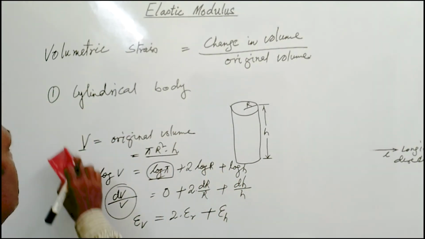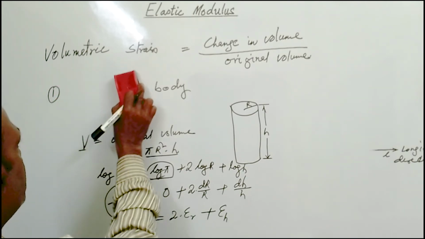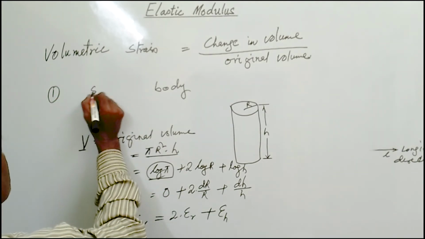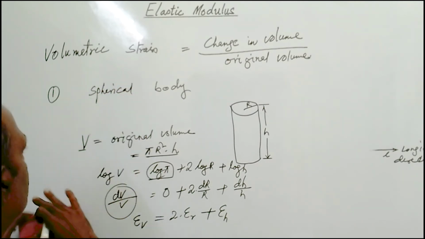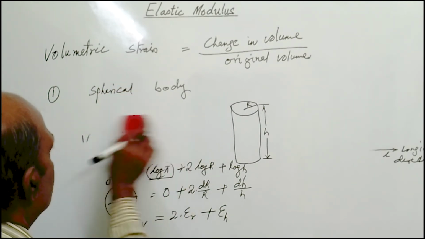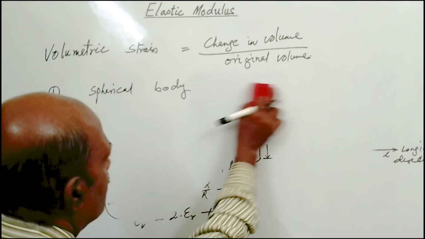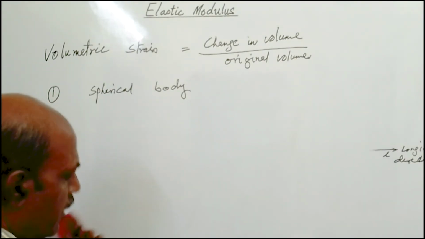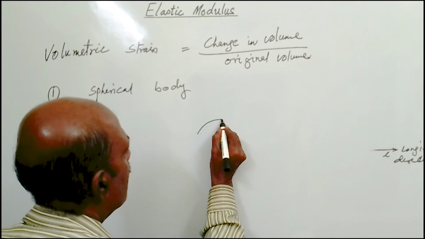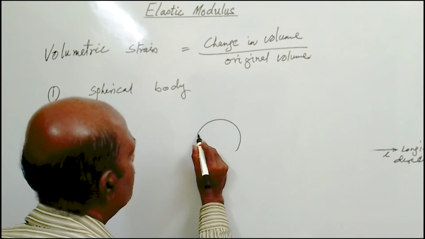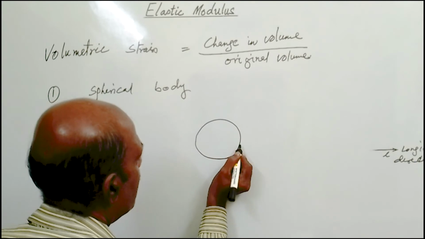Now we'll see if the body is a spherical body. So if the body is a spherical body, let a sphere of radius r.